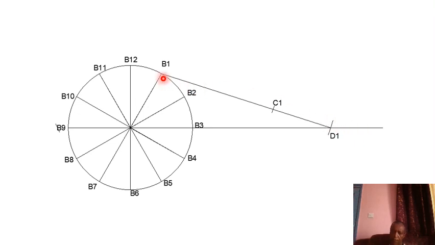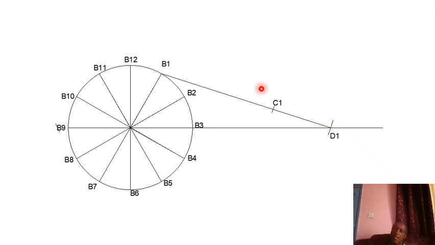So remember, we have B1 here, D1 will be there because that's our first marking. Then again, stretch your pair of compass to 65 because BC is 65, place it here and strike C. So B1C1 is 65, B1D1 is 100.